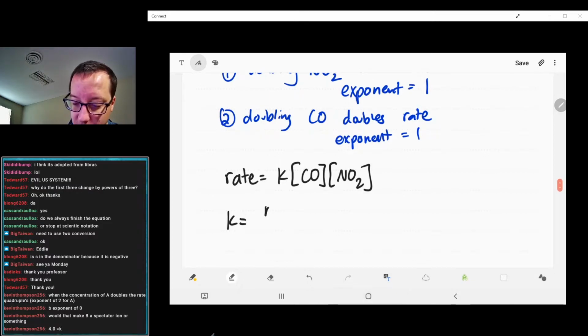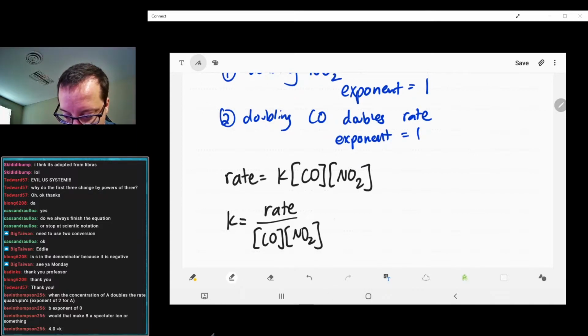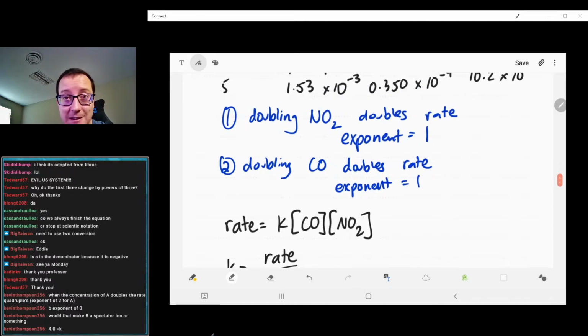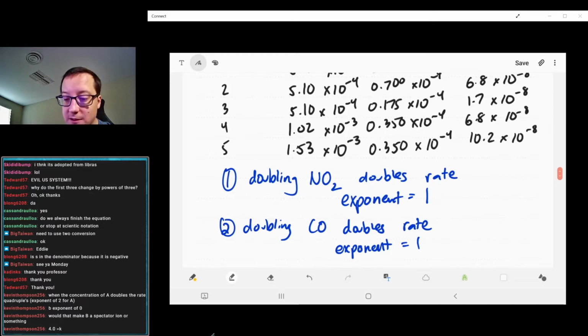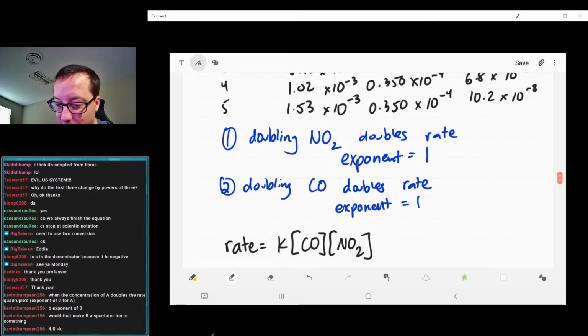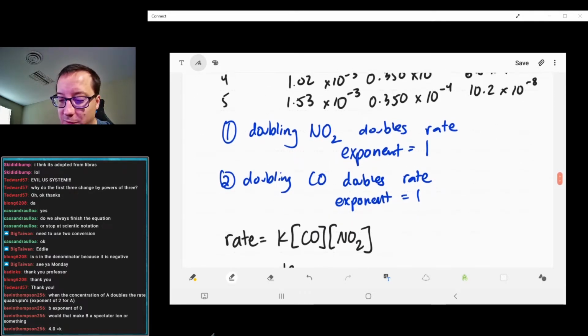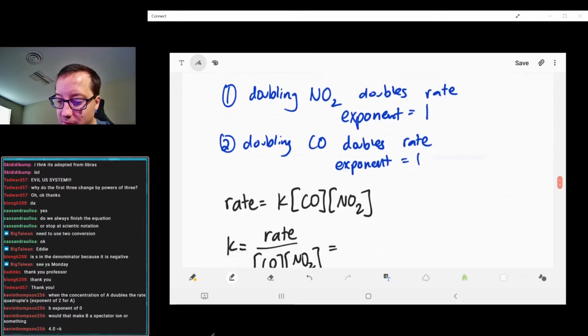That's just going to be, of course, the rate over the concentrations. And we can choose any of our conditions. Remember, it's a constant, so as long as the temperature is not changing, we can use any of these. I'm just going to use number 5 because that one is the closest one for me to copy off of.